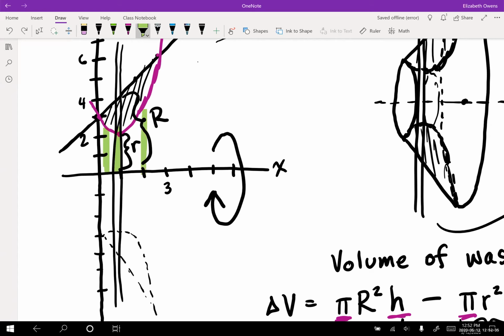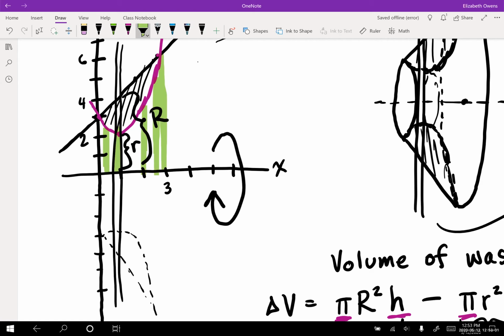At the very end of our shape, the small radius and large radius end up meeting each other, and both of them have a value of 6 because they come to that point at the very edge of the donut.